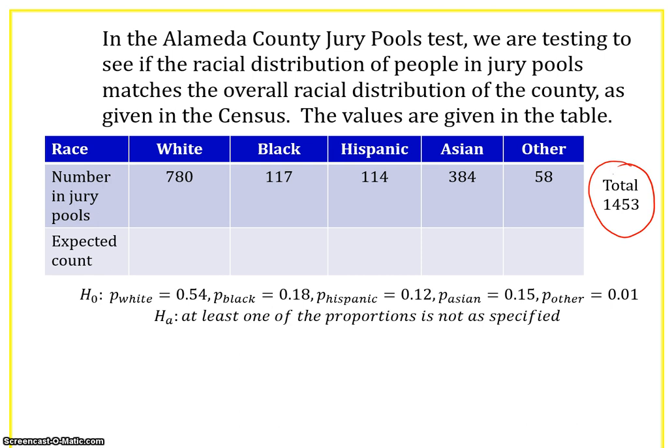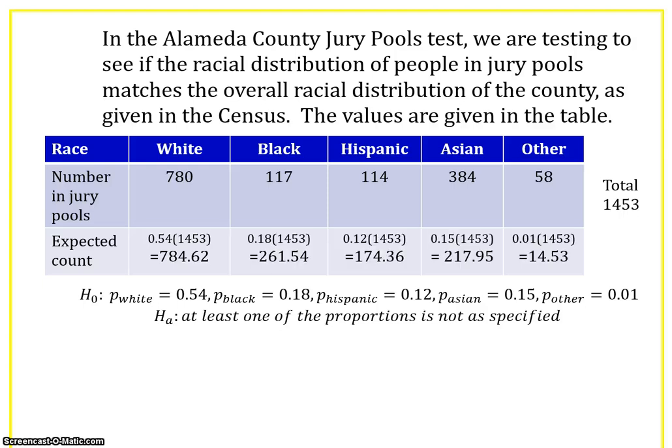And so the expected count for white jurors is going to be 0.54, the hypothesized proportion white, times our total sample size, 1,453, and that gives us an expected count of 784.62. And I repeat this process for the other categories, multiplying the hypothesized proportion by the sample size and calculating an expected count for each of the race categories.